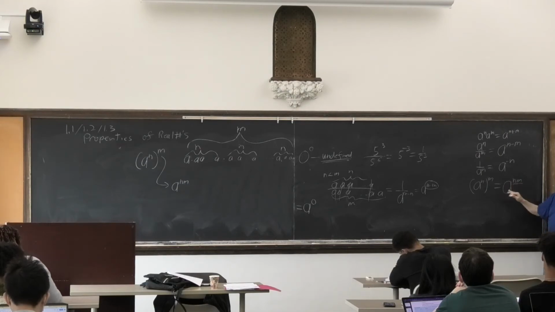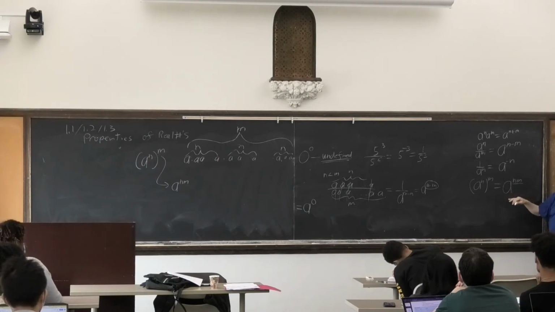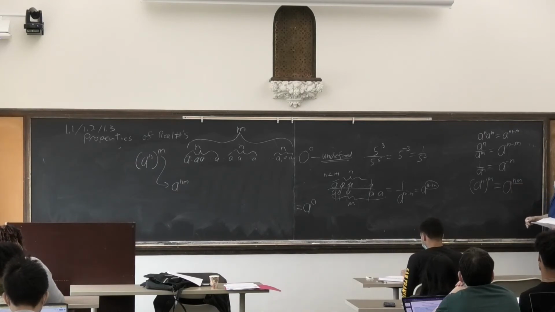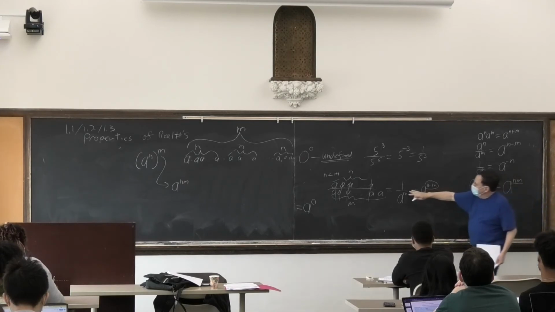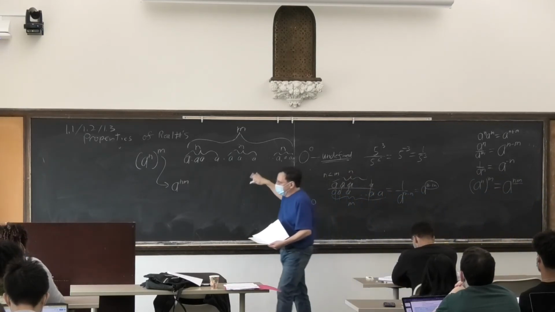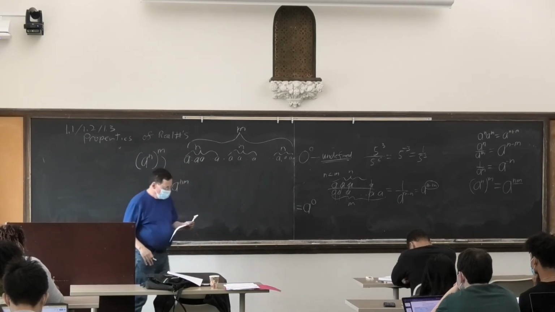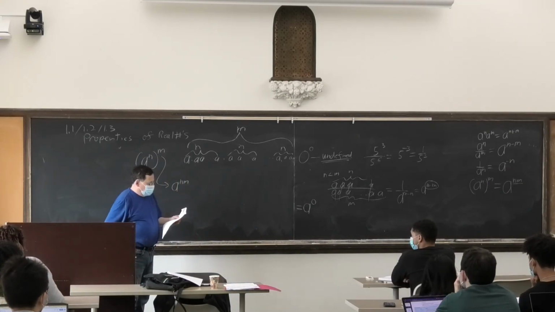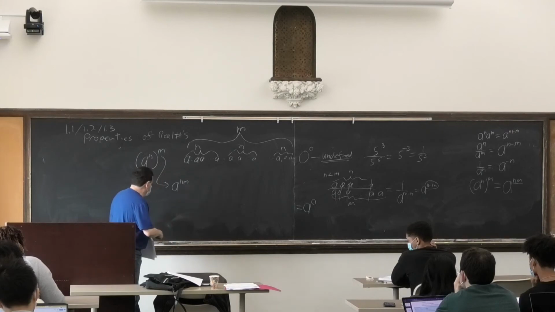They don't even have to be integers. They can be fractions, it could be some weird irrational real number. This works. I only gave you a little picture that shows it with natural numbers here.